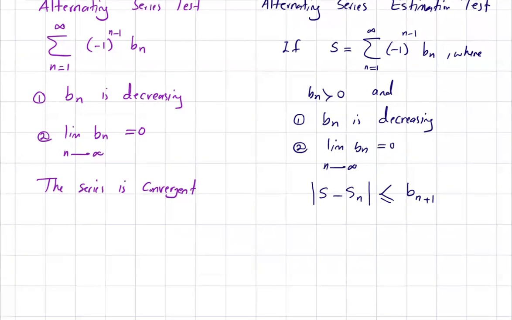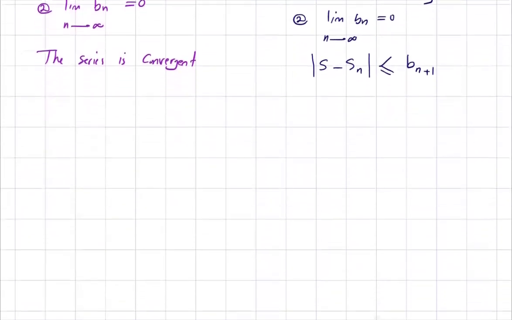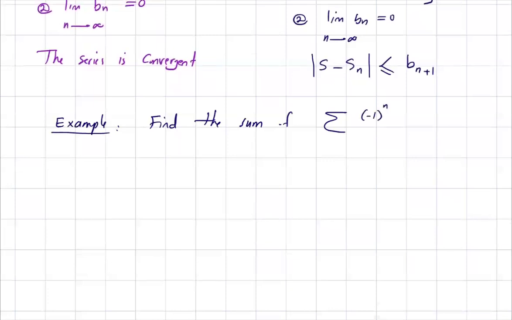So why is this important? Let us take a look at this example together. In this example, I ask you to find the sum of the following series: the series (-1)^n divided by n factorial, n starts from 0 and goes to infinity.